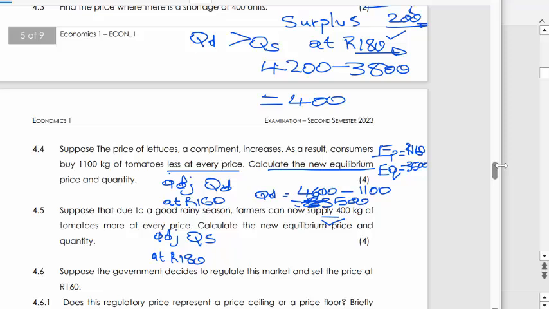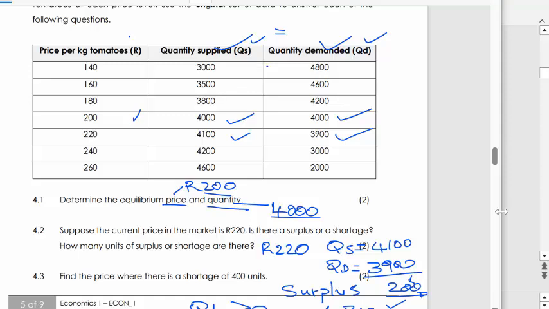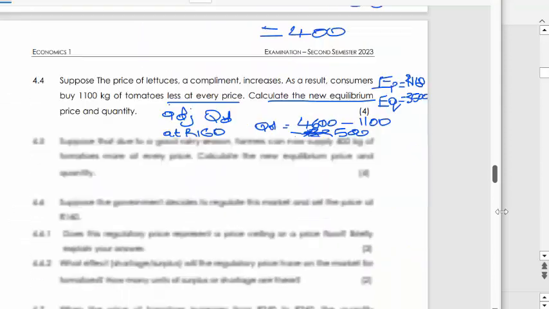It's 3,800, right? So quantity supplied is equal to 3,800. I'm going to go back up just to verify that information. So 180, quantity supplied 3,800 sharp.